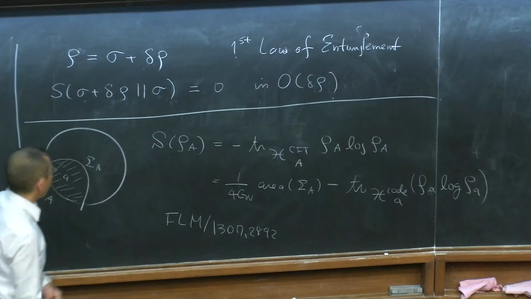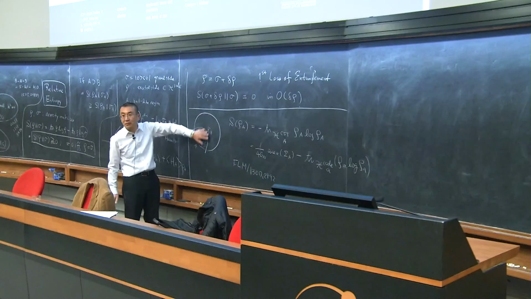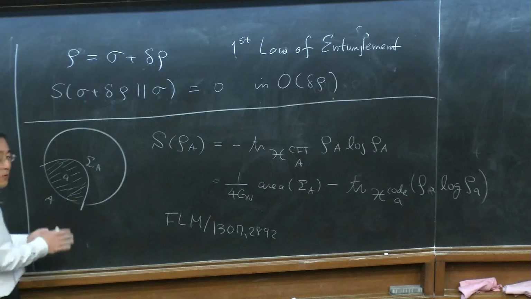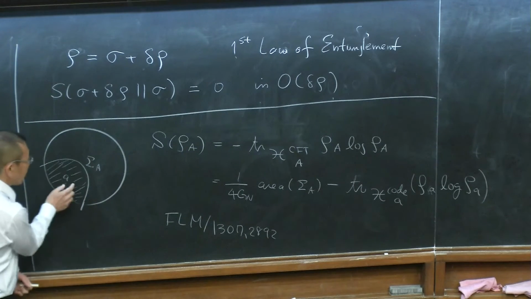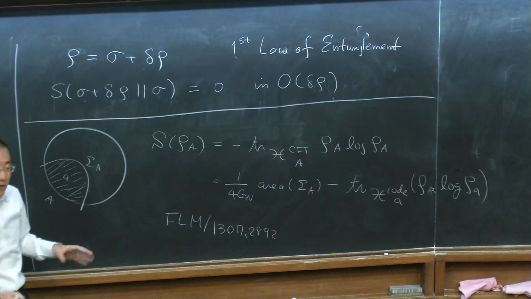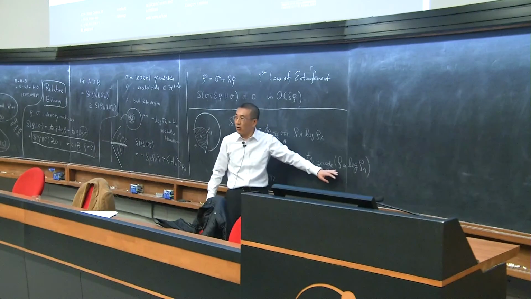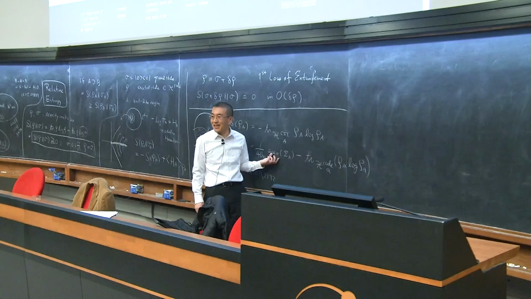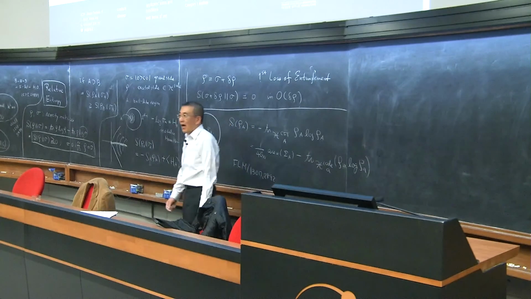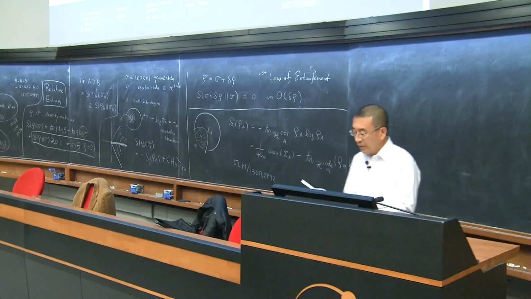And they pointed out that the correction can be calculated by thinking that, in the bulk, you have quantum field theory in the small fluctuation. Then you can divide the Hilbert space of that quantum field theory into region small a and its complement, consider the entanglement density matrix for that quantum field theory and compute the entanglement entropy. This is actually order 1 as opposed to classical. This is order h bar, if you like. So the order h bar correction can be calculated as entanglement entropy in the bulk.